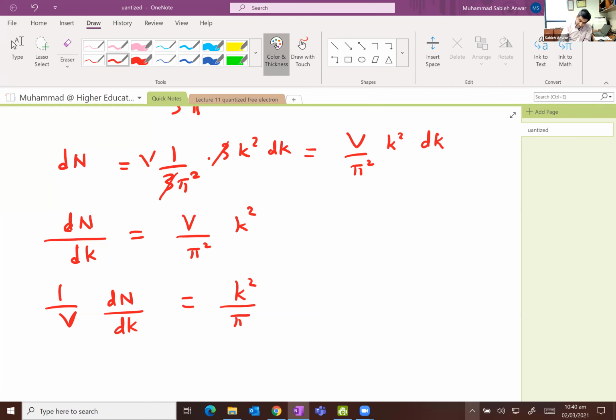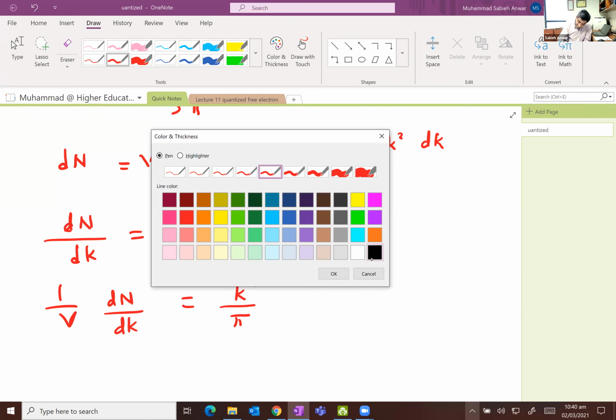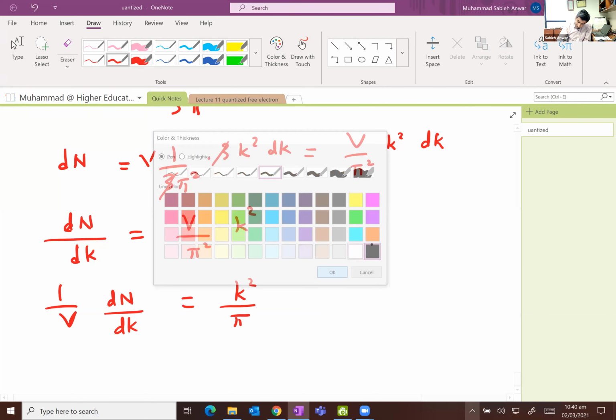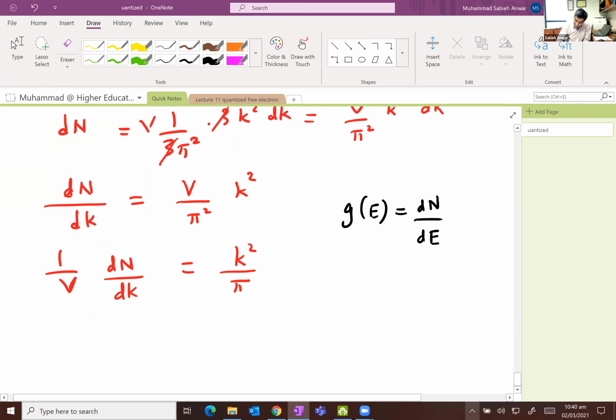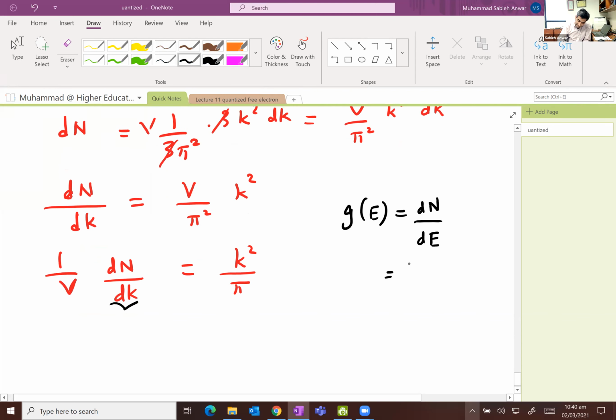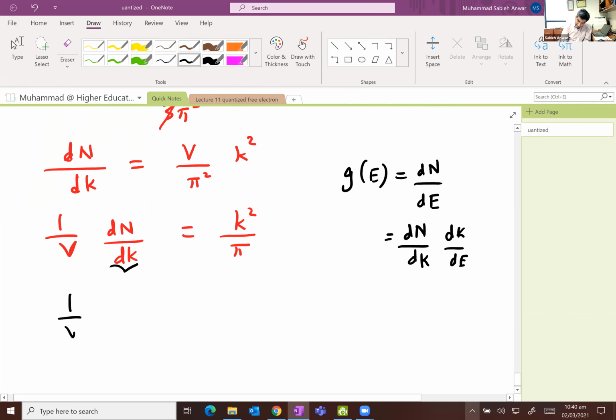Now, in order to find out the density of states, G(E), I really need dn over dE, the number of states per unit energy. But I have dn over dk here, so I can just use the chain rule. dn over dE is dn over dk times dk over dE.